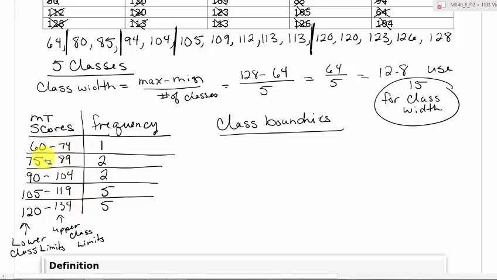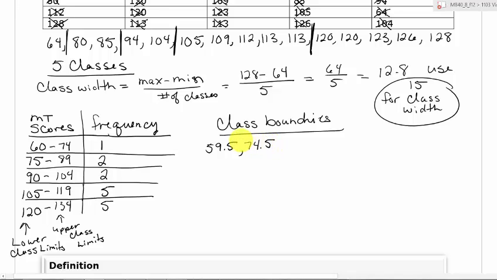So first I would calculate this one, the midway point, and to find the midway point you would just find their average. So add them together and divide by 2, or it's halfway between, which is easy when they're nice whole numbers like this. So halfway between 74 and 75 is 74.5. So now I know that it's 0.5, so it'll be one less than this, 0.5. So the one before 60 would be 59.5.